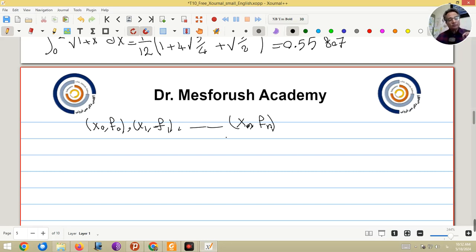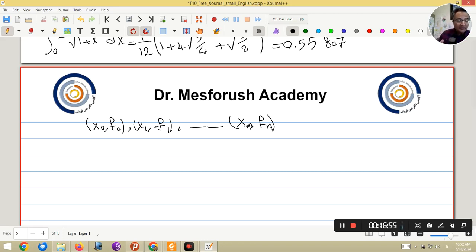Okay, so we will get a system of n plus 1 equations and n plus 1 unknowns, and it's not easy to compute the unknown coefficients. Okay, so this is not easy, and in fact we have to forget about this technique.